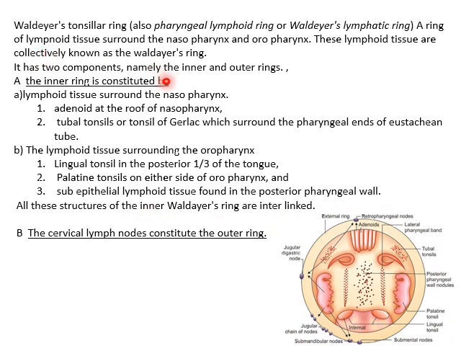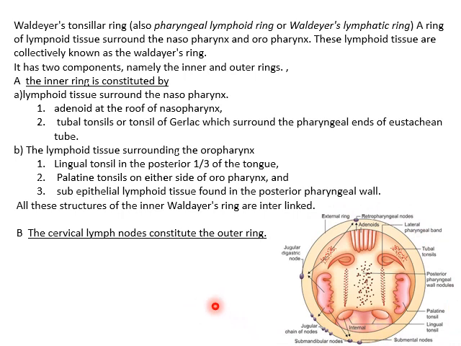That is Waldeyer's ring. It has an inner ring and an outer ring. The inner ring is formed by the lingual tonsil, the palatine tonsil, the tubal tonsil and the adenoids. The outer ring is formed by the deep cervical group of lymph nodes and the other groups of lymph nodes. So that is Waldeyer's ring.